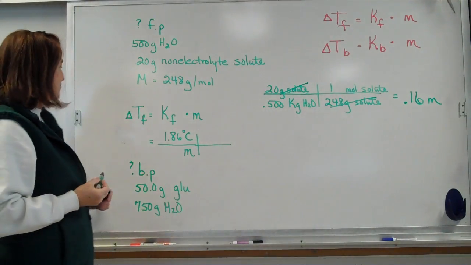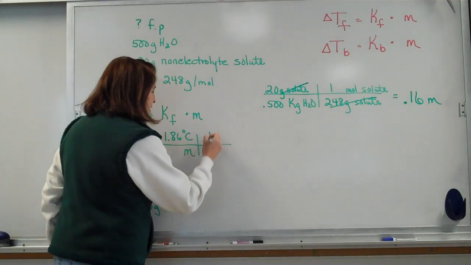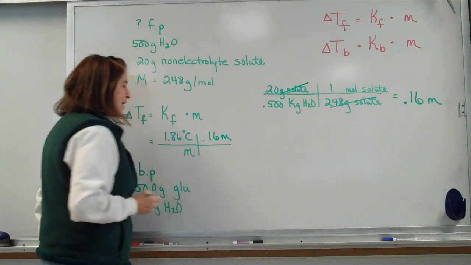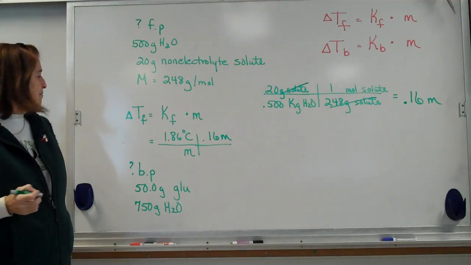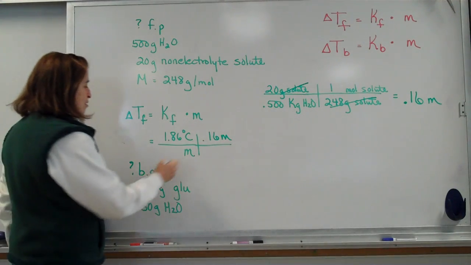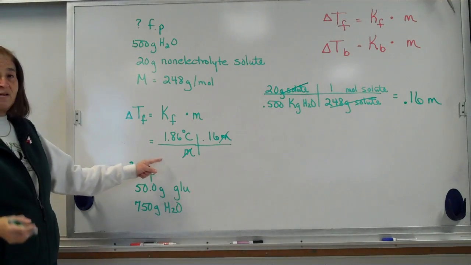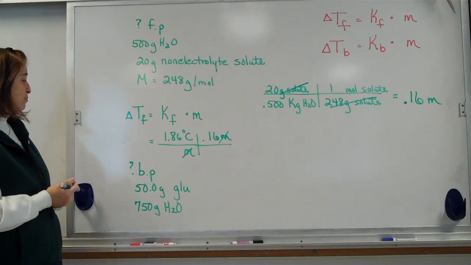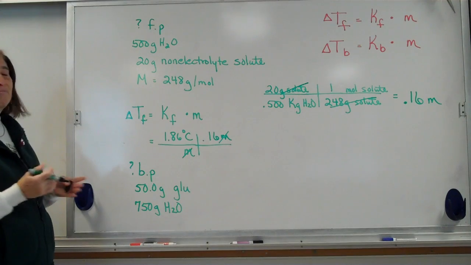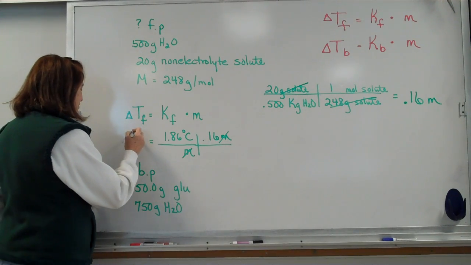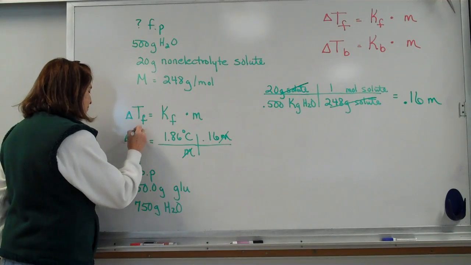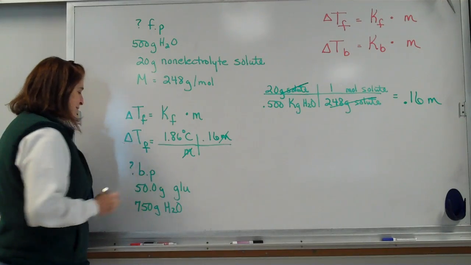Check the math. So I would come here and place the molality into this equation. Molality is going to cross out, and by multiplying 1.86 by 0.16, this is going to tell me the change in the temperature where it freezes.